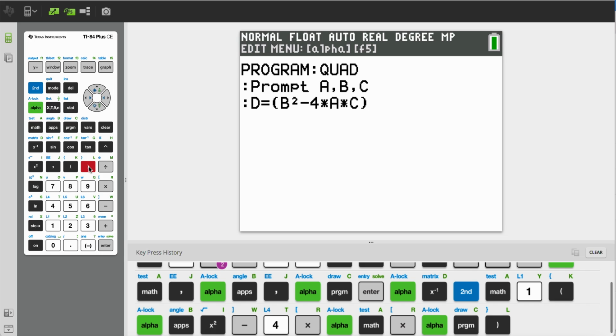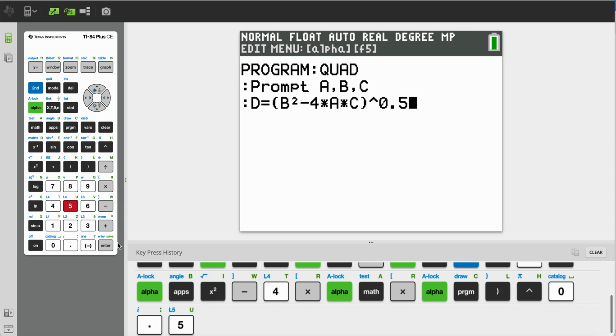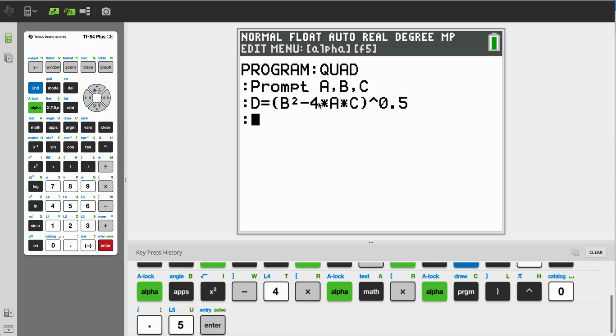And the easiest way to do a square root is to raise it to the 1/2 power. Oh, there it is. Caret 0.5. And then press Enter. What that's going to do is take whatever we enter for B, square it, subtract 4 times A times C, take that entire quantity, take the square root, raising to the 1/2 power, and store it in the variable D. Now, if this quantity happens to be negative, our program will crash, but we'll know it means it has an imaginary answer. We probably got our coefficients wrong.